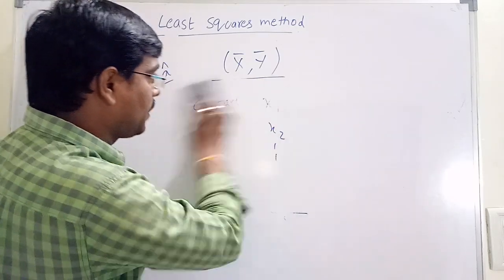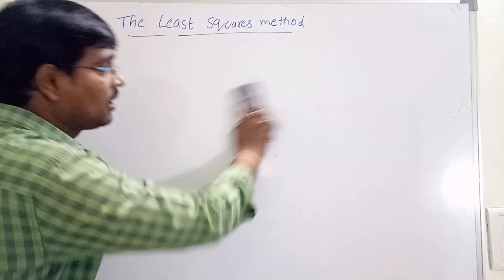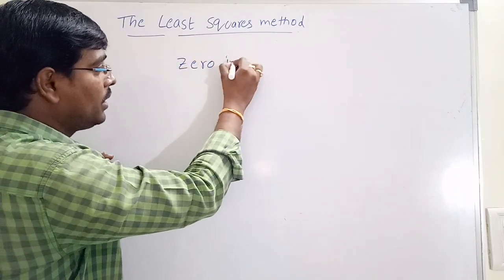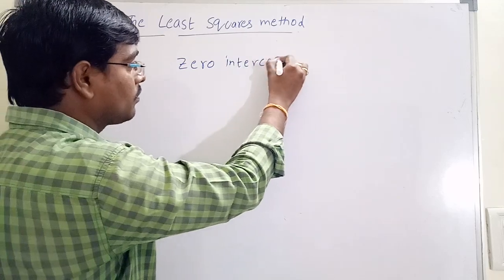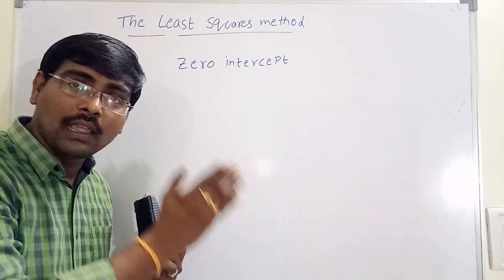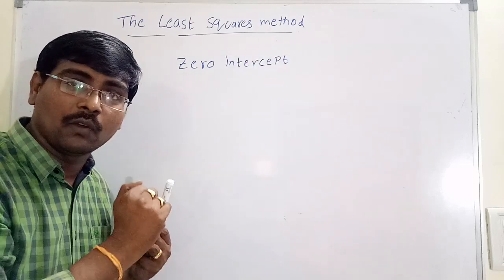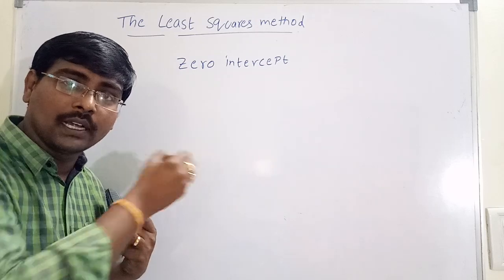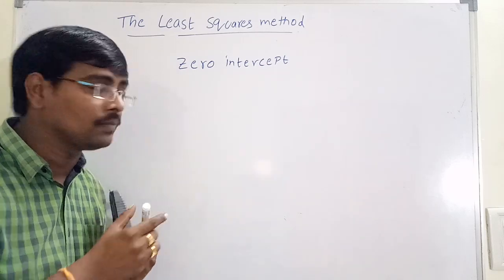So for that purpose, generally what we do is make a zero intercept. How do we make a zero intercept? The line passes through x bar, y bar.